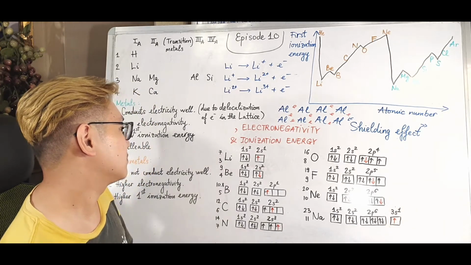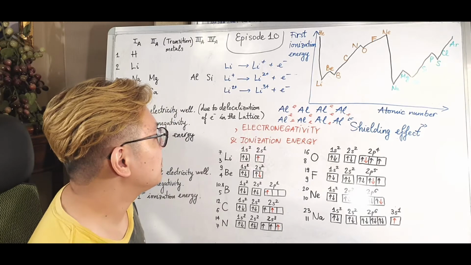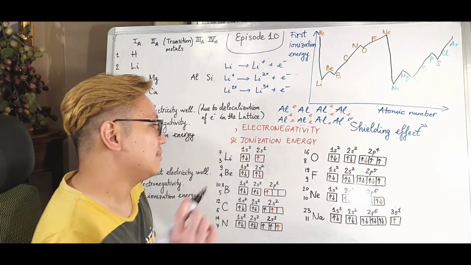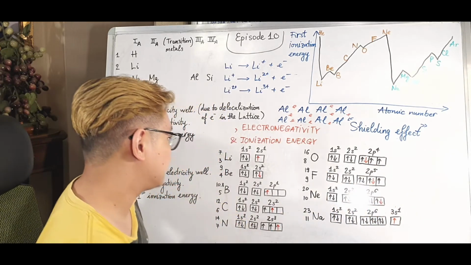Now, when you move to oxygen, why does it drop down like this? Because now these electrons are the ones that need to be removed.